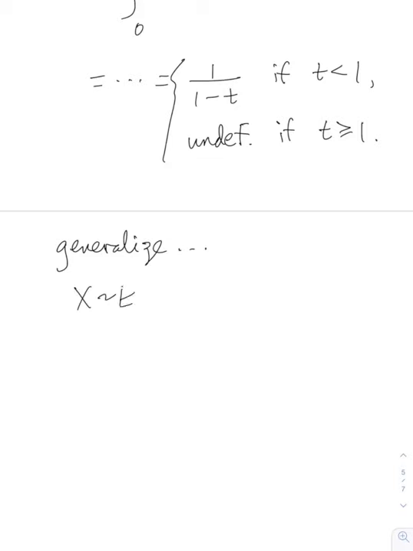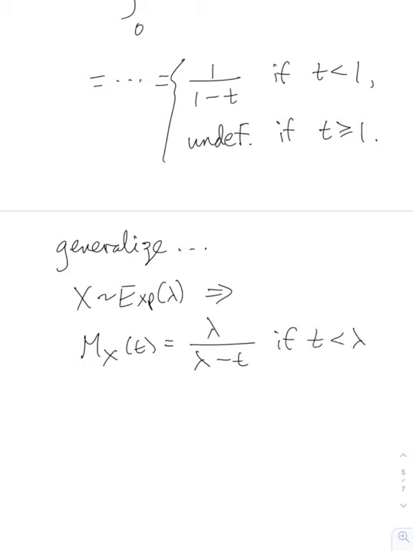If X is exponential with parameter lambda, then the moment generating function is lambda over lambda minus t if t is less than lambda, and doesn't exist if t is bigger than or equal to lambda. Of course, the parameter lambda of an exponential always has to be a positive number, so this moment generating function is going to exist in an interval around 0.